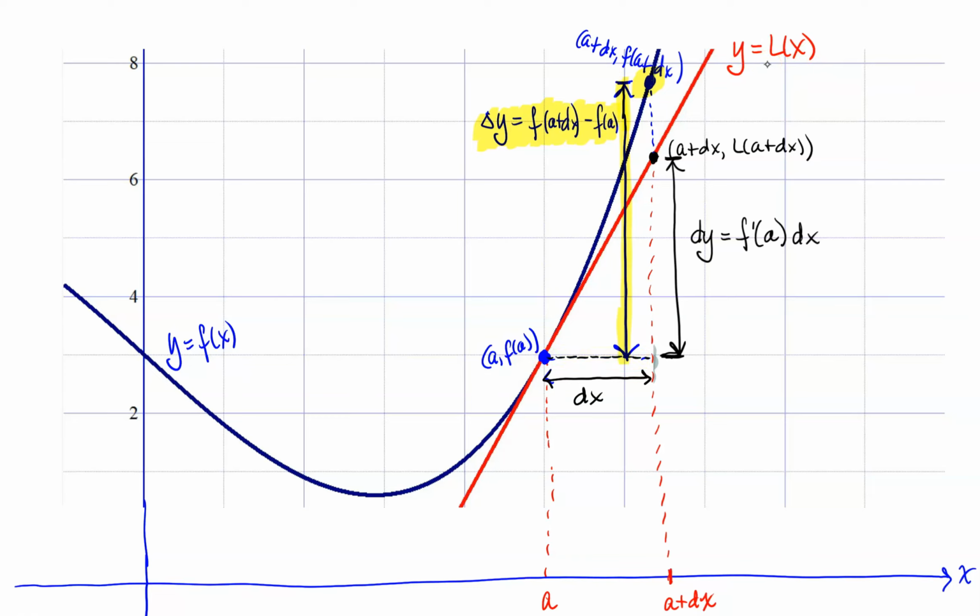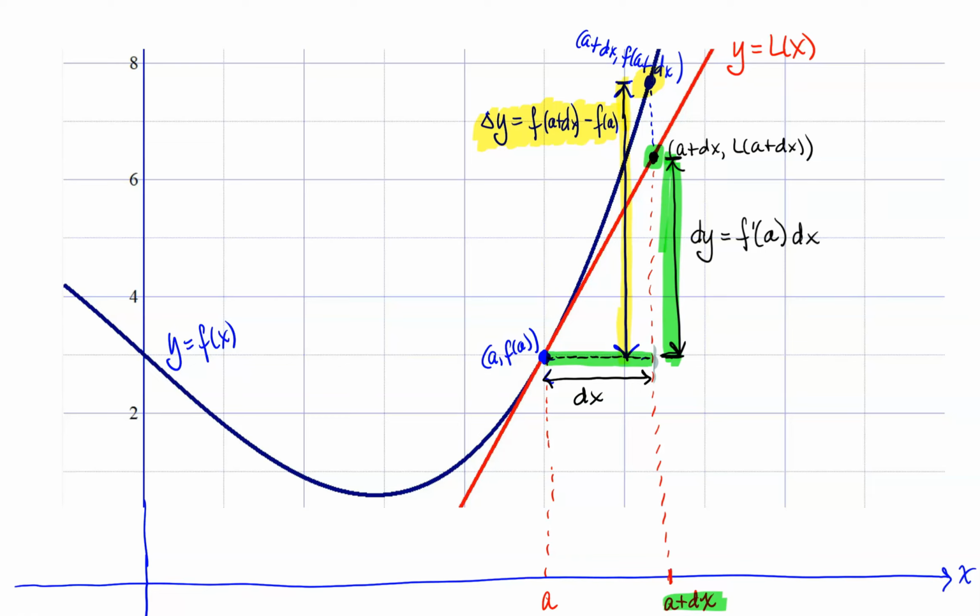So our linearization estimation is built on a similar idea. That is, we're going to increment a by some value dx, but we're going to use the tangent line instead. When we increment our value a by some value dx, we're moving along the x-axis, and then we find that corresponding point on our tangent line, and then find the difference between that y value and our original y value.